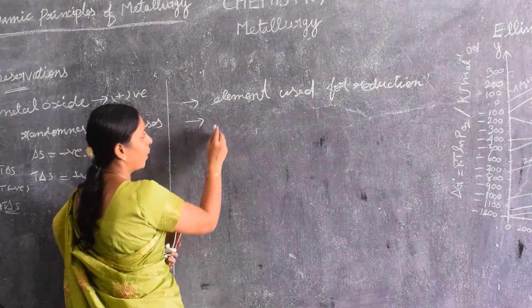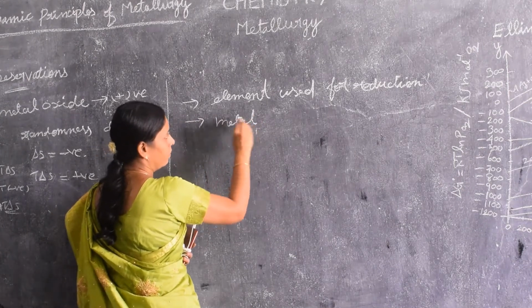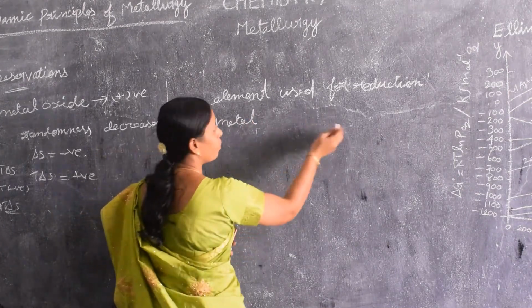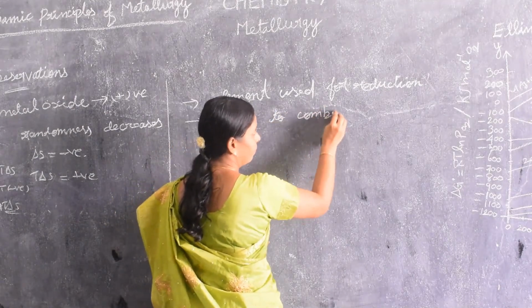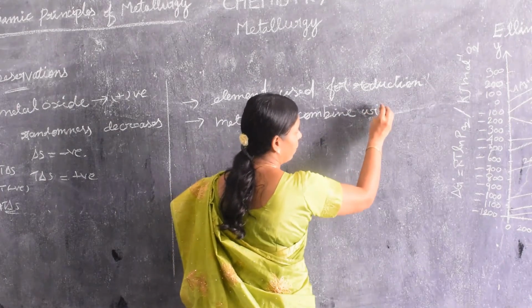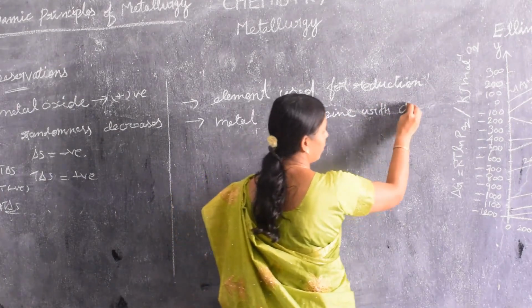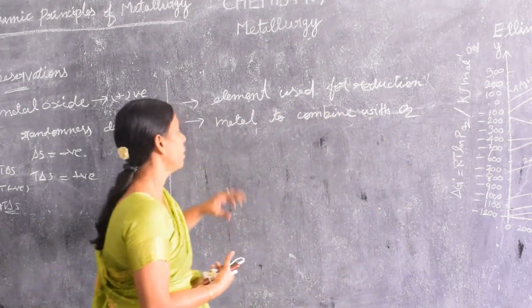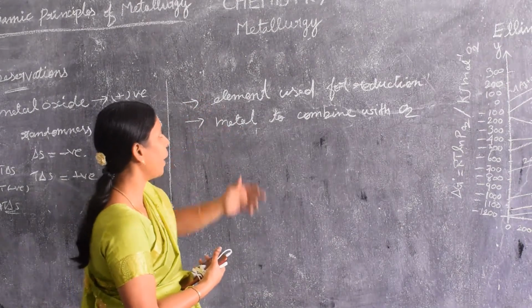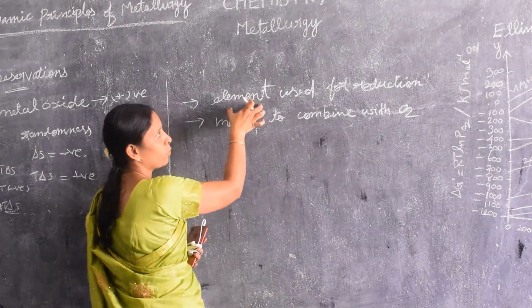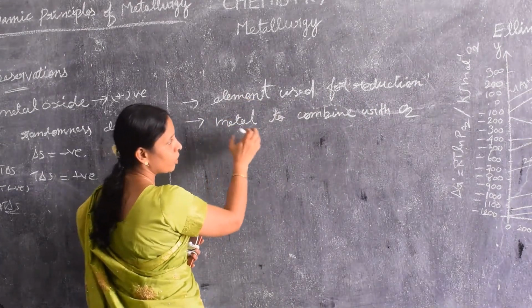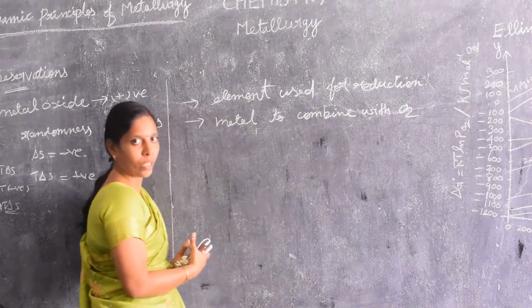And then the metal to combine with oxygen. Okay, these two things are very important. So the element used for reduction, whichever element we use for reduction, is very important. And then the metal to combine with oxygen is very important.